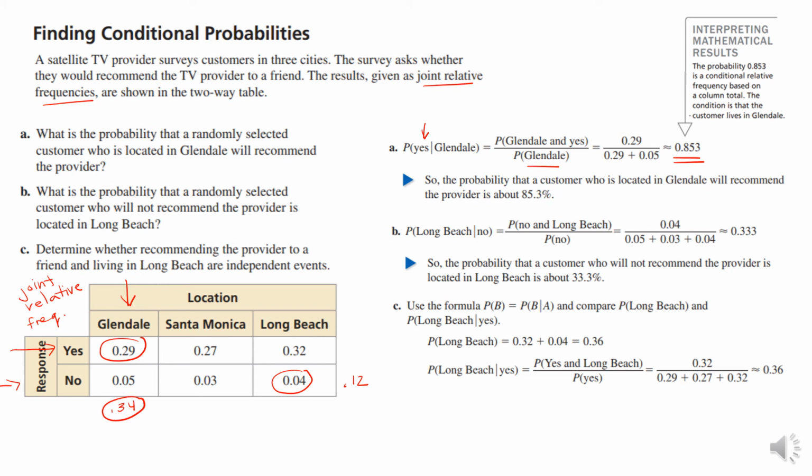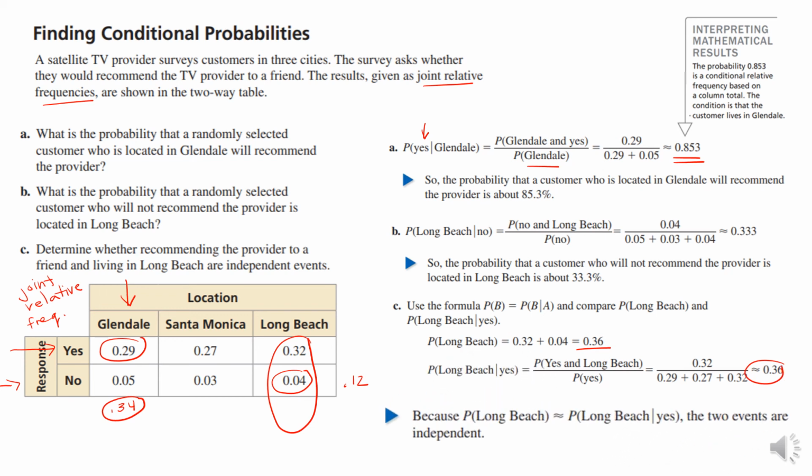The probability of Long Beach is the total here, and that's 0.36. Then the probability of Long Beach and yes over yes, we add those up, and we get that they are the same, so therefore the two events are independent. So the fact that they live in Long Beach is independent from the fact that they say yes. So there you go.